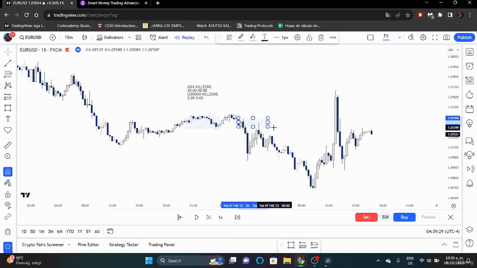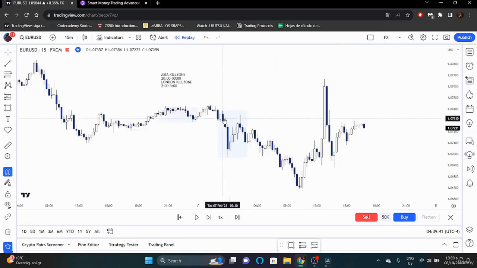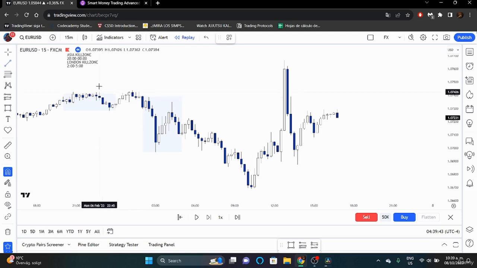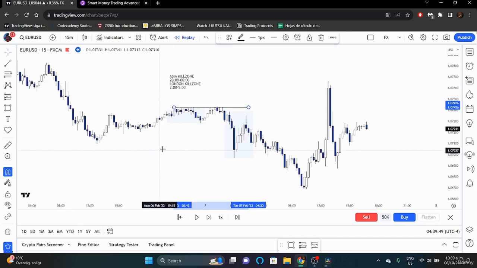As you can see, volume comes there and it closes at 5 o'clock. This is London kill zone. Volume comes at this time period. As you can see, before going lower, we take the stop losses of the Asian kill zone. We take the stop losses, then boom, go lower.